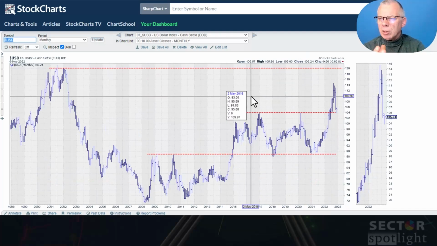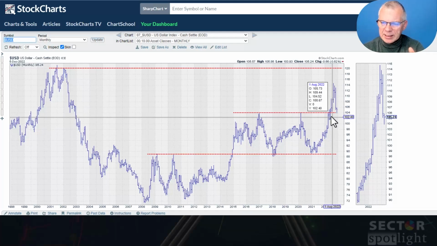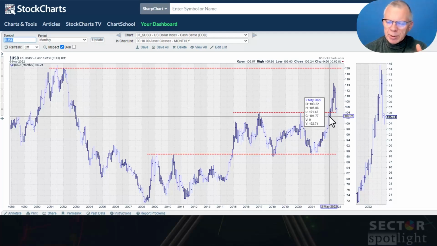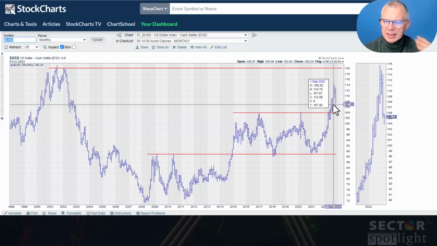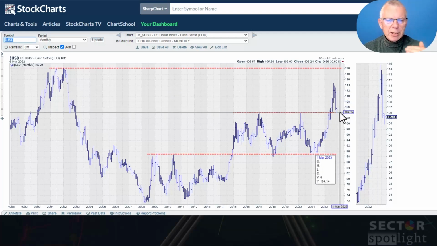So here's the US dollar, the US dollar index. And I think that is a very interesting chart, because we had that massive breakout above 104, and when did that happen? In June. And then we got a really strong period of dollar strength until we hit a high in September, and then we are coming down hard. This is a pretty crucial level for the US dollar.